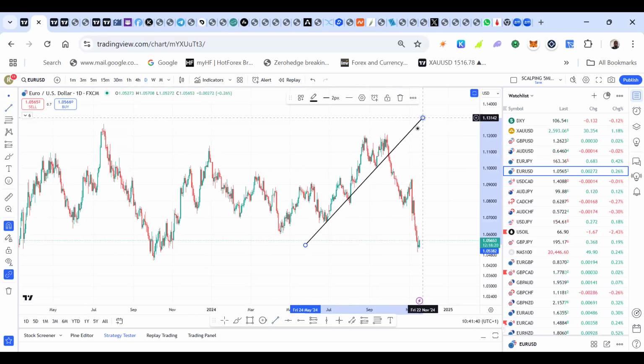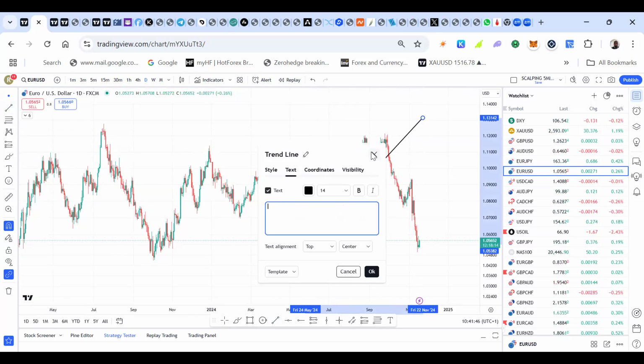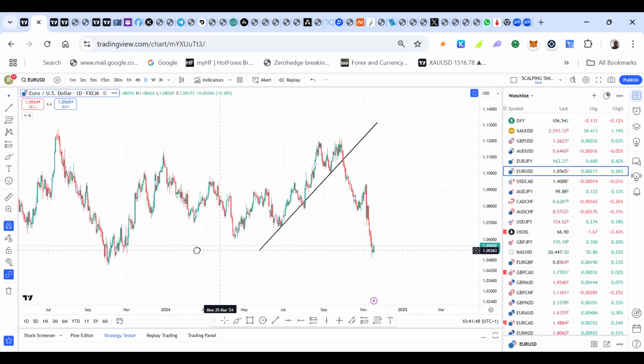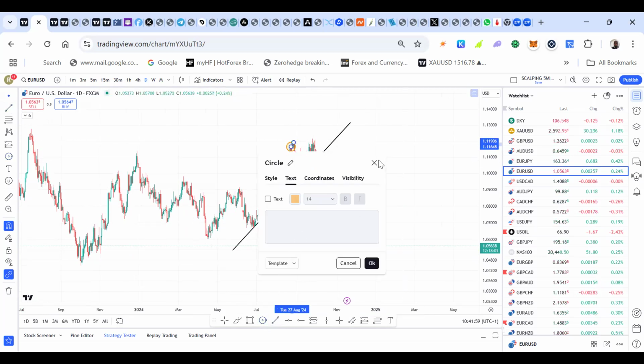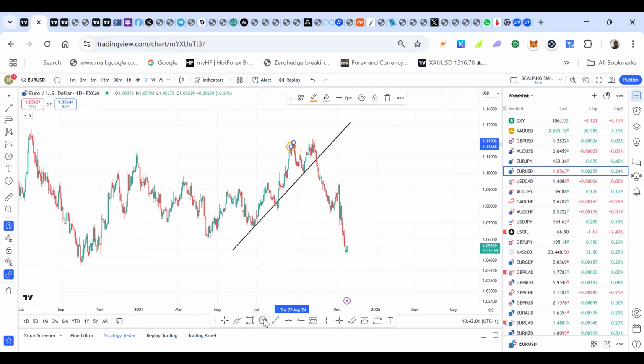Okay, and it happens that price came here to do what we call a double top.